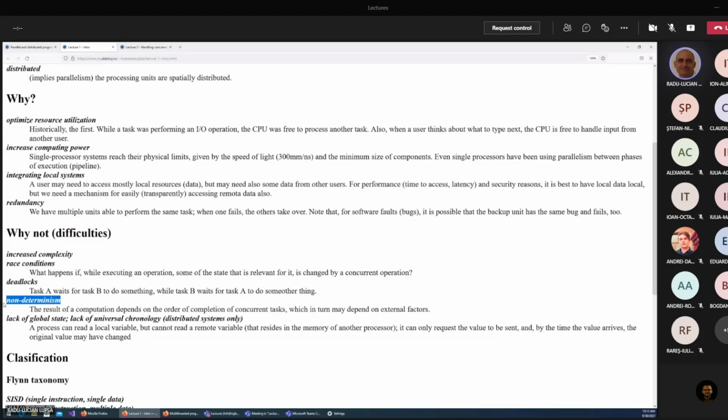Let me give you another example. Maybe some of you will use LaTeX in order to write your bachelor thesis.